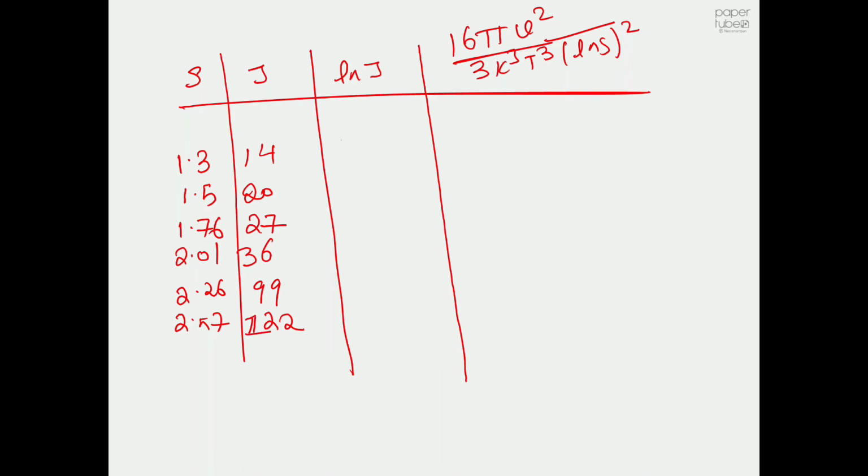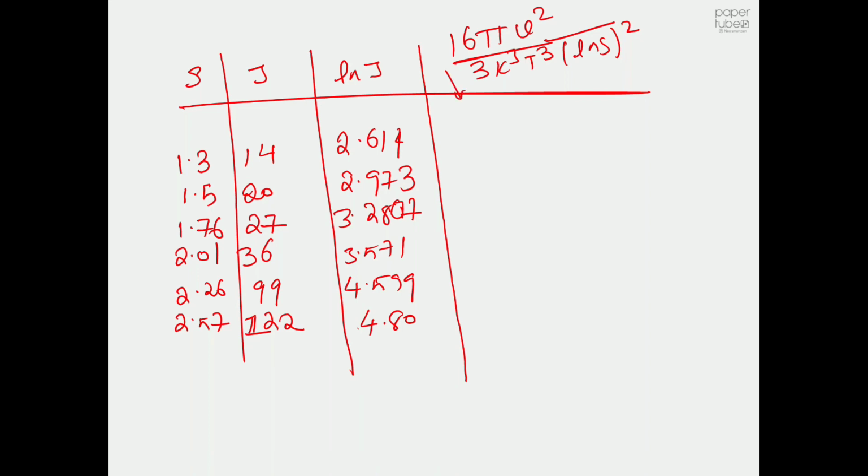So all look good. Then ln of J will be 2.614, 2.973, 3.2807. You can calculate yourself at home. 4.599. Since I already calculated, I'm just adding the numbers here.